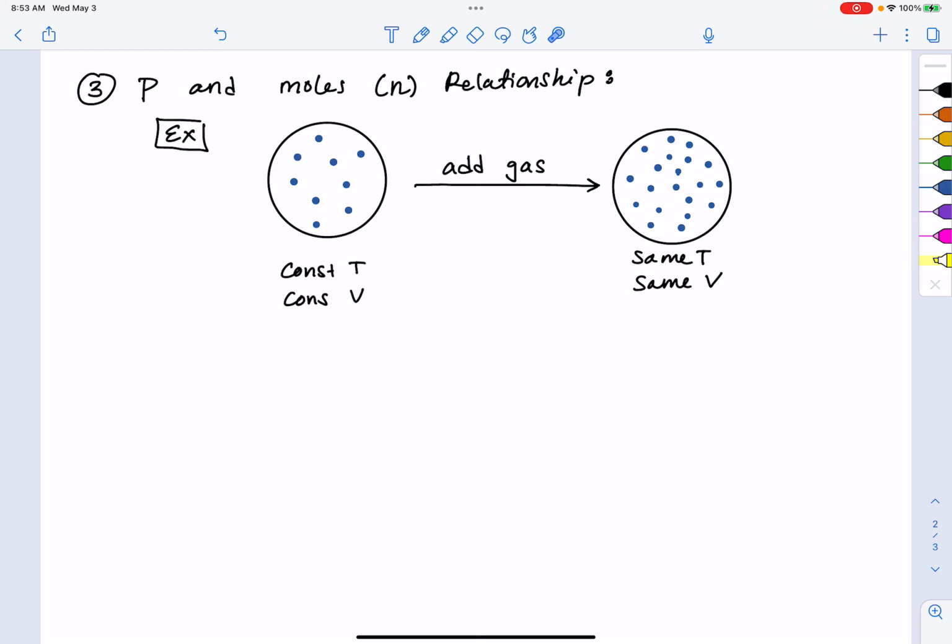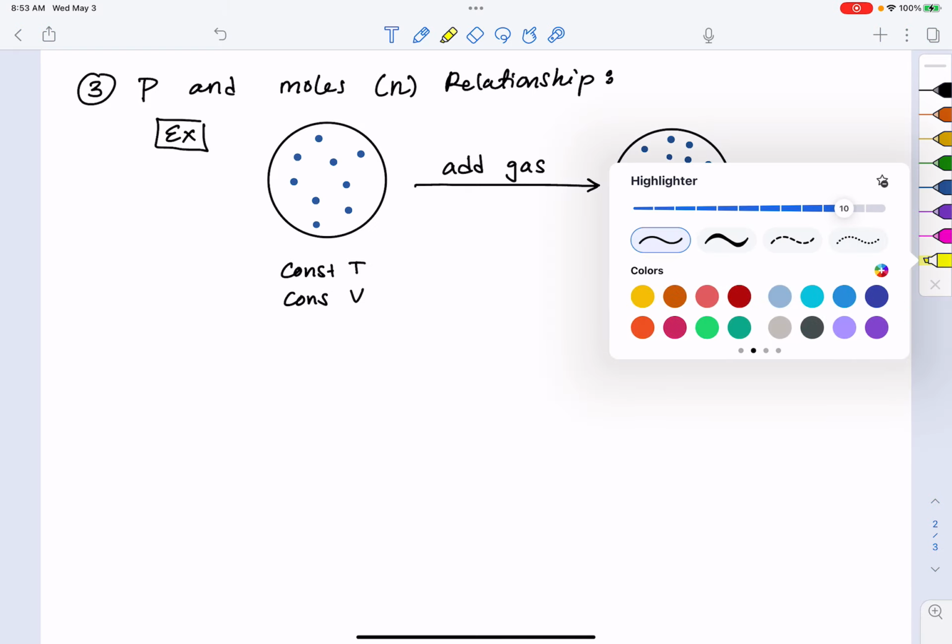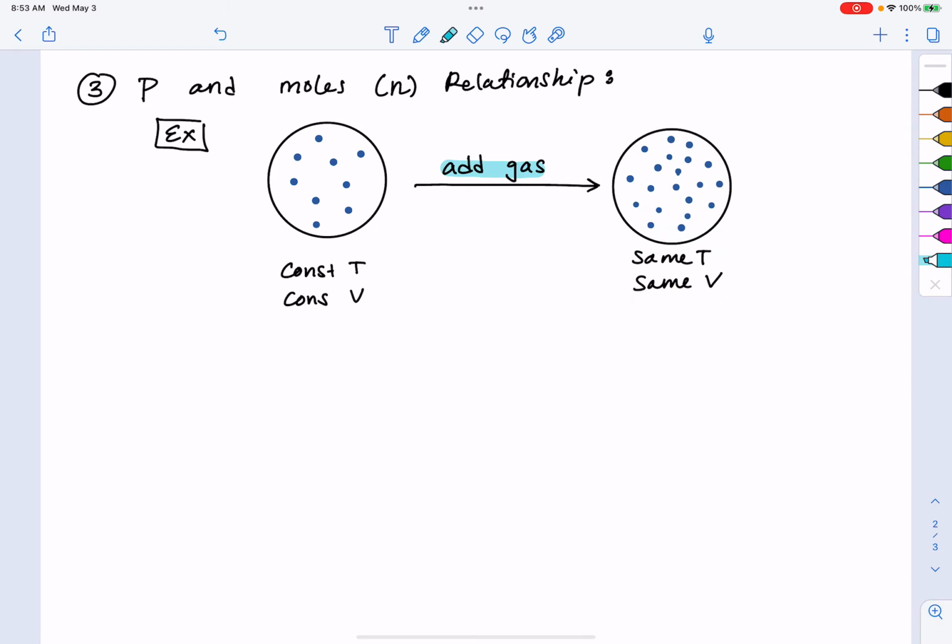Let's imagine what might happen to the number of collisions now that we have more gas present in our container. So again, we're thinking about the statistical likelihood of molecules encountering one another, colliding, and then possibly colliding with the sides of the container that the molecules are found in.